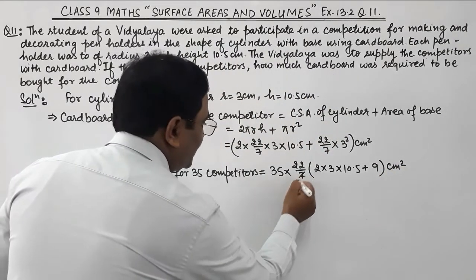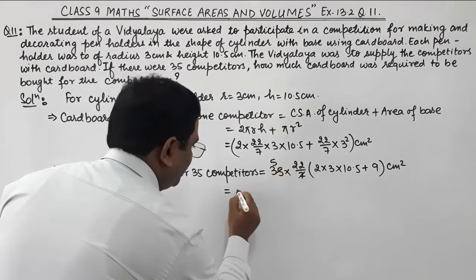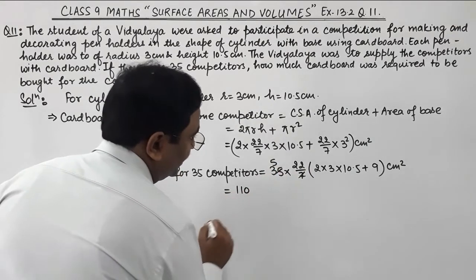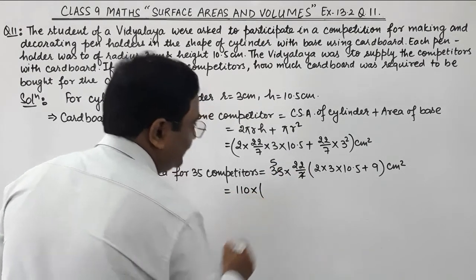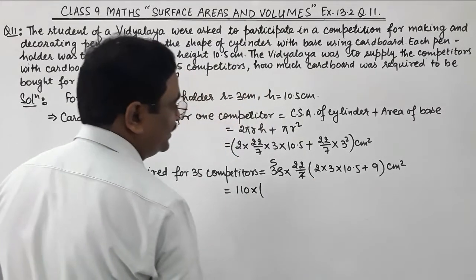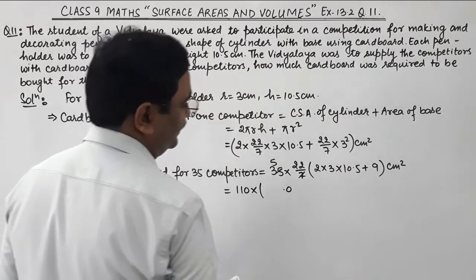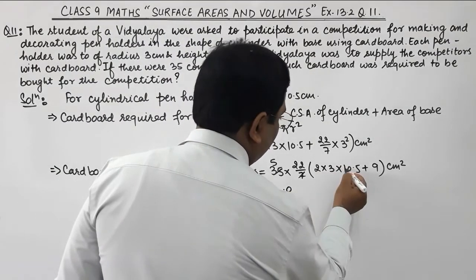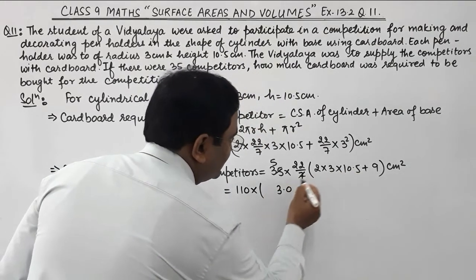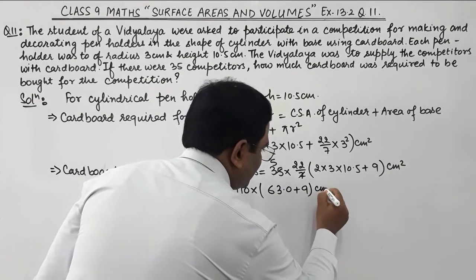Let us simplify. 7 5s are 35, so we get 5 into 22, that is 110. Then 2 into 3 is 6, multiplied by 10.5: 6 5s are 30, 6 zeros are 0, plus 3, and 6 1s are 6, so 63, plus 9 centimeter square.